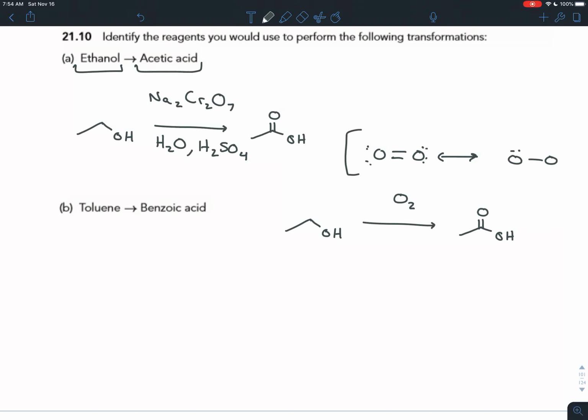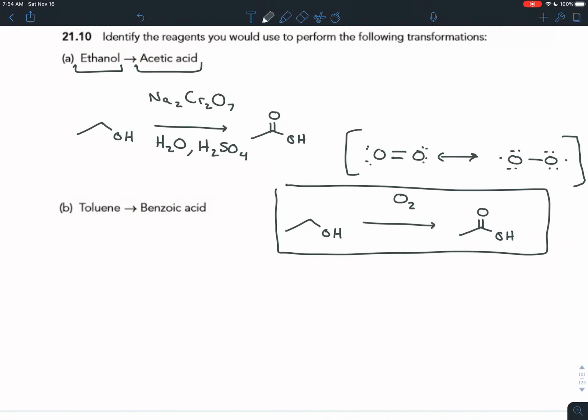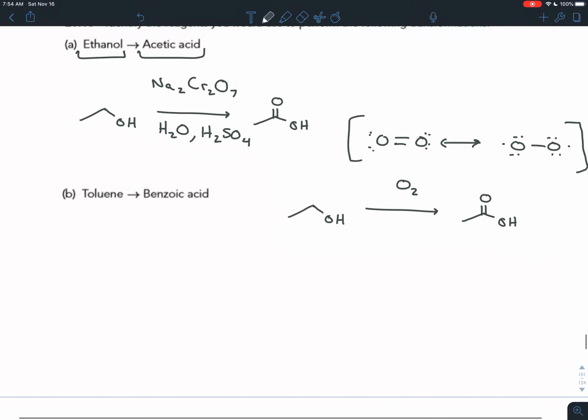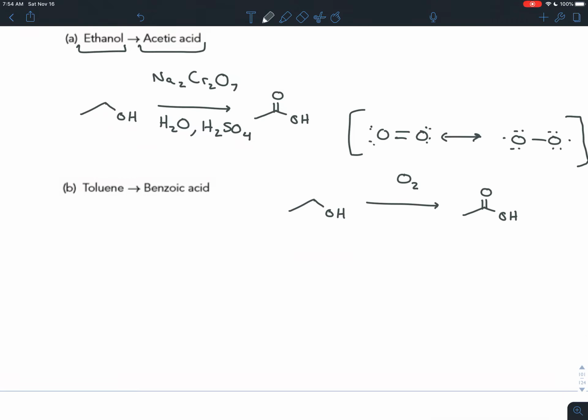The other resonance structure is a diradical, where one electron is going there. So you have unpaired electrons on both of these, which makes it really reactive, and you can use it to form new bonds to oxygen. And so this reaction is the reason why if you leave wine out, it eventually turns into vinegar, if you expose it to oxygen in the air.